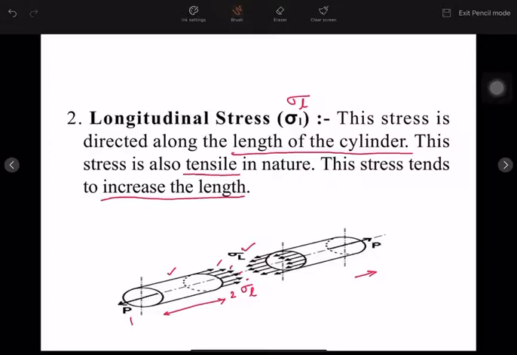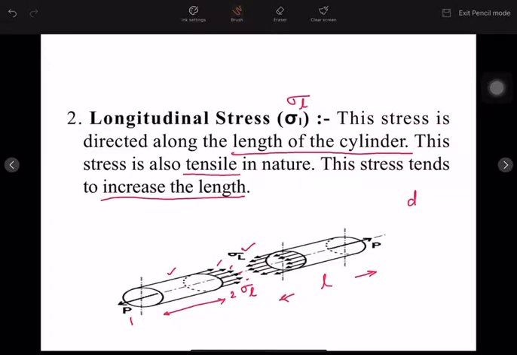So this will try to pull the cylinder in such a way that it may increase its length. Earlier, hoop stress has a nature of increasing its diameter. Here the length may get increased.